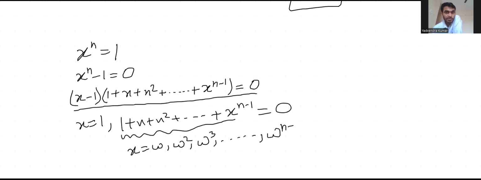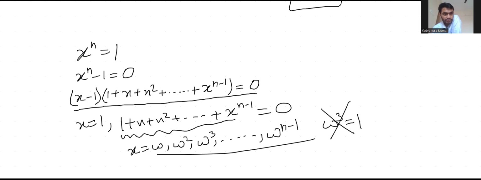See, don't get confused with the cube root of unity. In this case, omega to the power 3 is not equal to 1, right? So here our n is not 3, our n is n. So here what will be the property? As omega is a root, here your equation 1 is this, so it will satisfy omega to the power n is equal to 1.